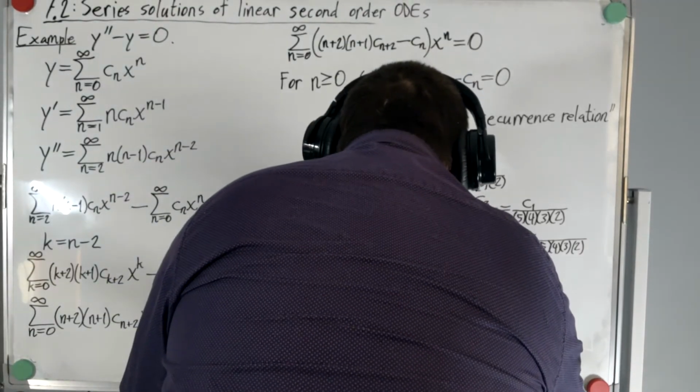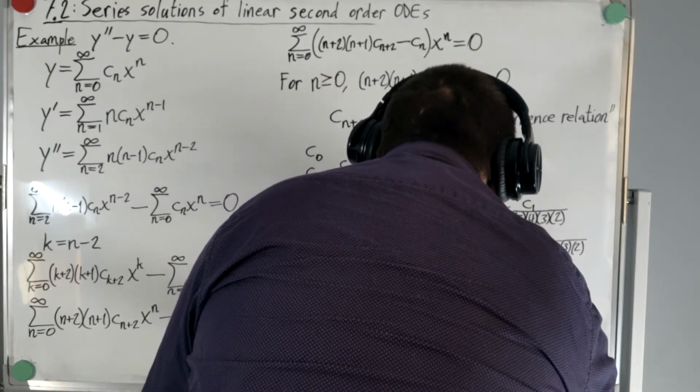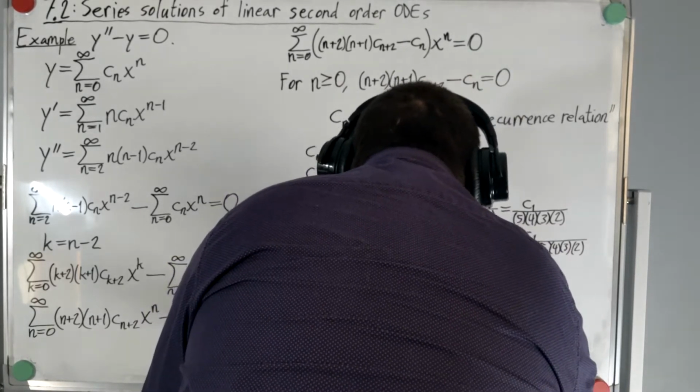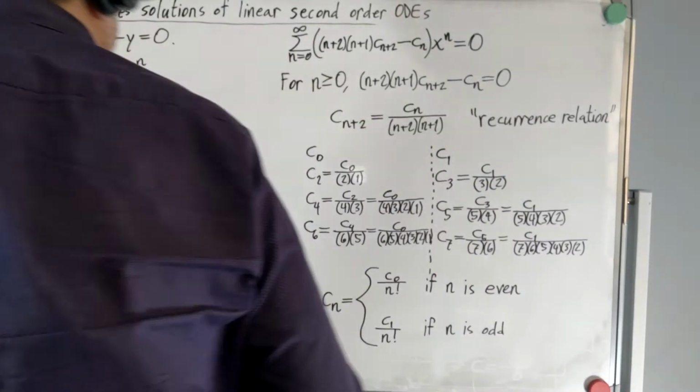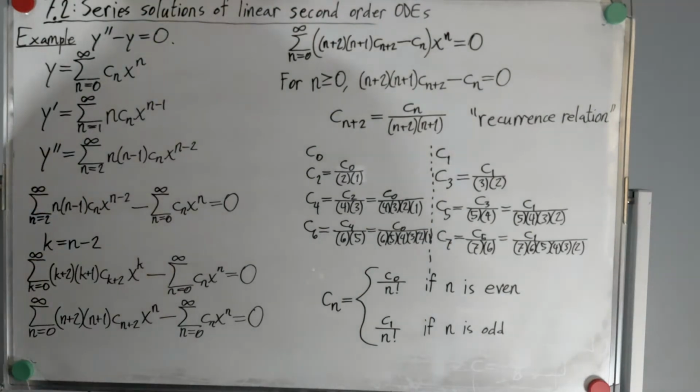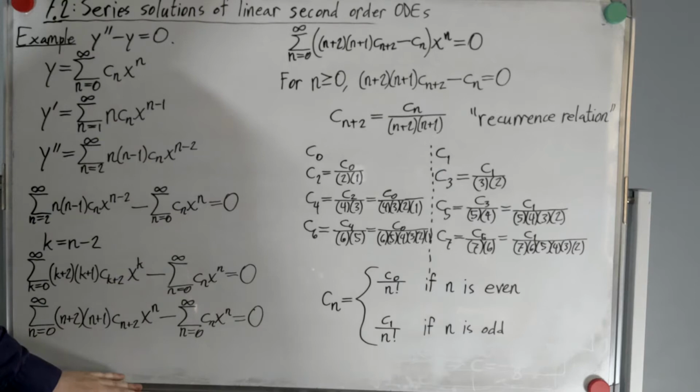So this is if n is even, and if n is odd. Now I'm going to erase this part on the left. If you need to see it, I suggest pausing the video.